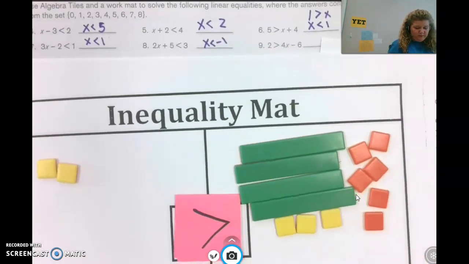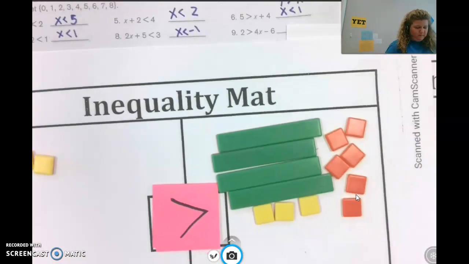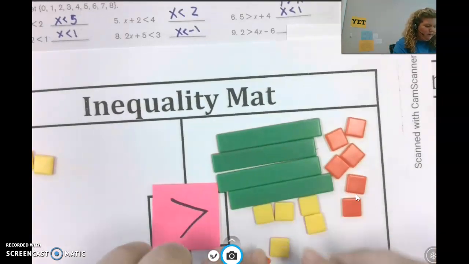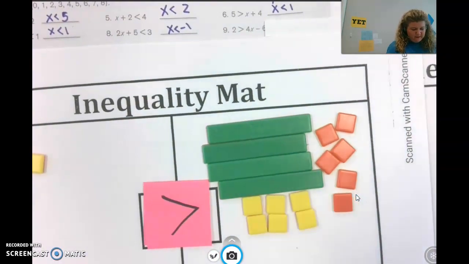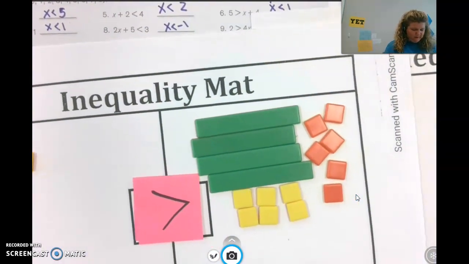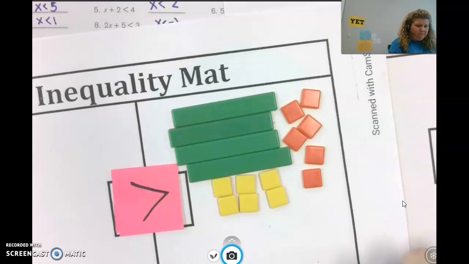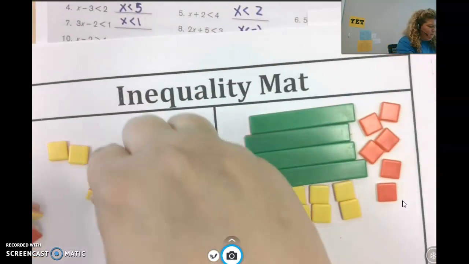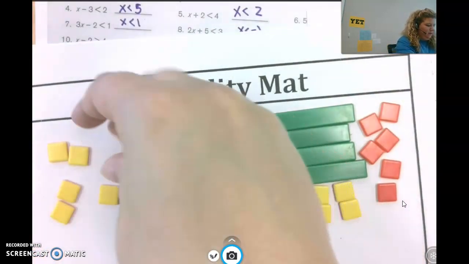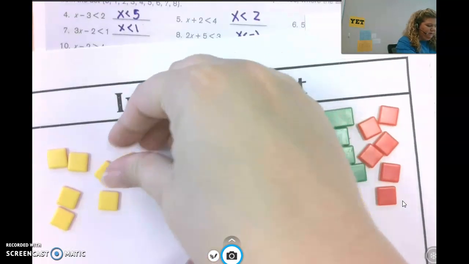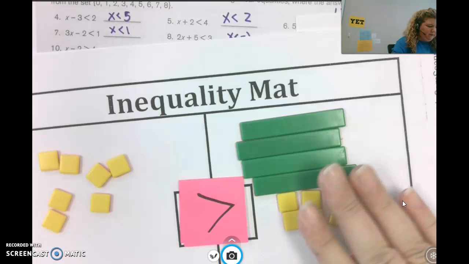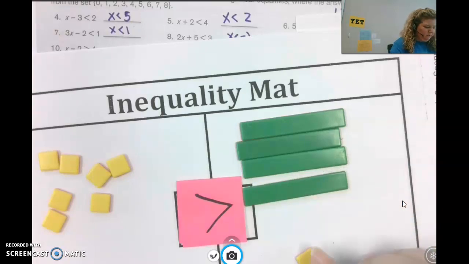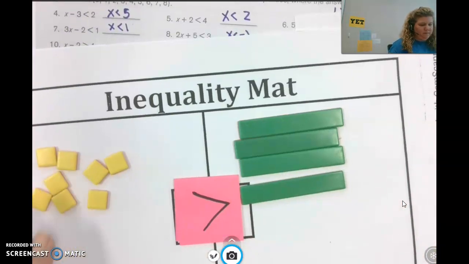So 1, 2, 3, 4, 5, I'm adding 6 positives here. I would also need to add 6 positives to the other side. 1, 2, 3, 4, 5. That's all I have. Let me remove these 0 pairs. And that gives me 6.